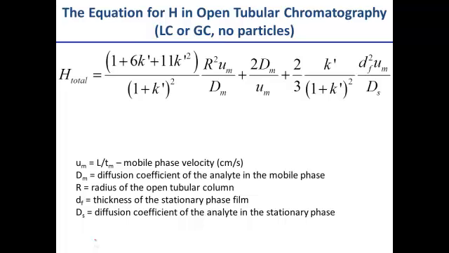So in the case of gas chromatography, I like to start here because we have the cleanest, most thoroughly understood relationship between the plate height in gas chromatography. This relationship is not so simple in liquid chromatography, so I like to start with GC.